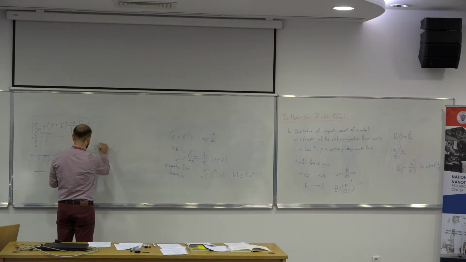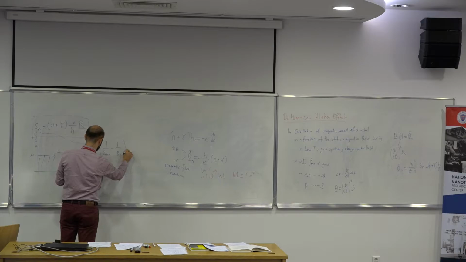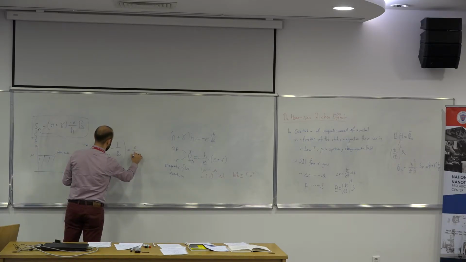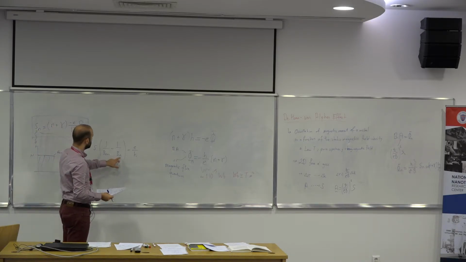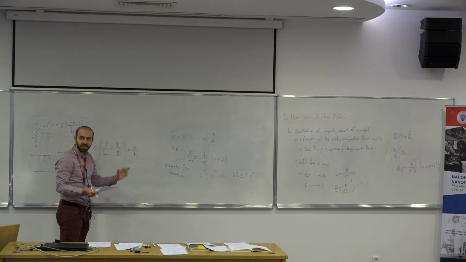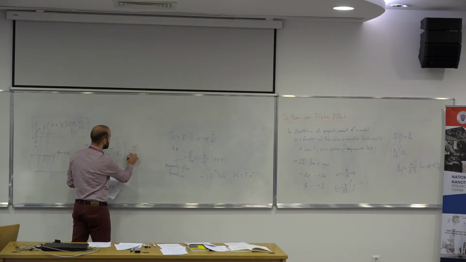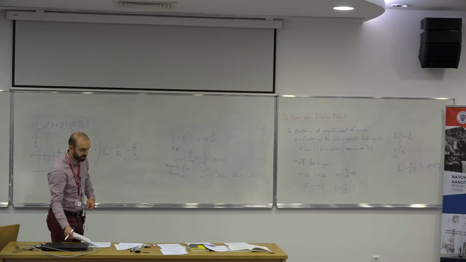If you change the magnetic field, let's say you have a certain magnetic field that defines a certain area, and you change the magnetic field, the area that you define can change by integer multiples of E over H. Now, what does that mean?